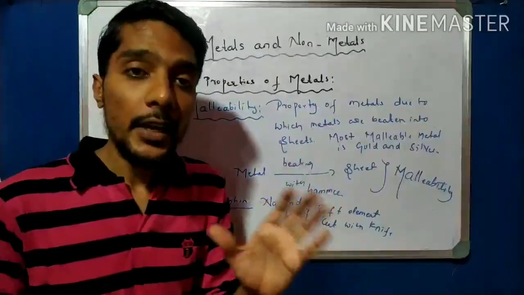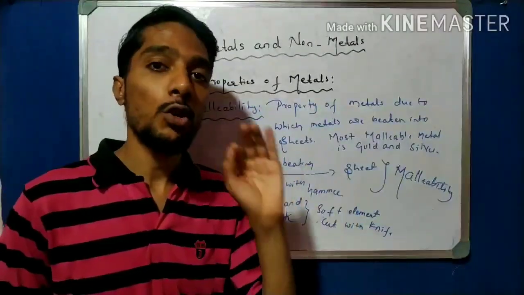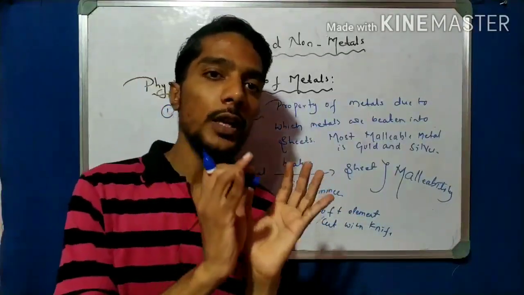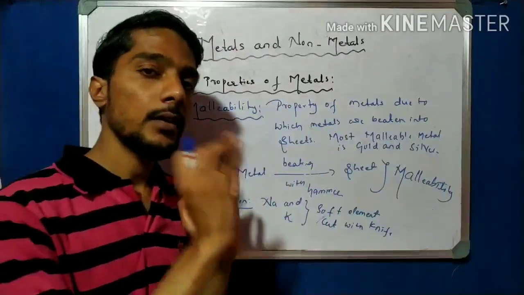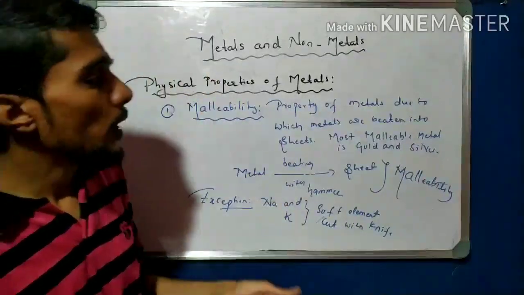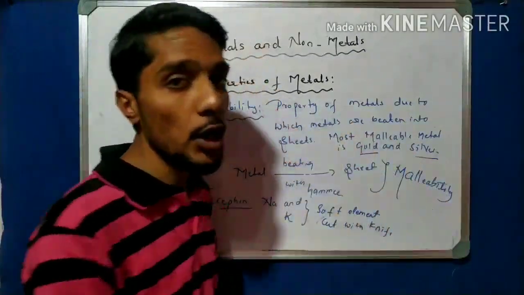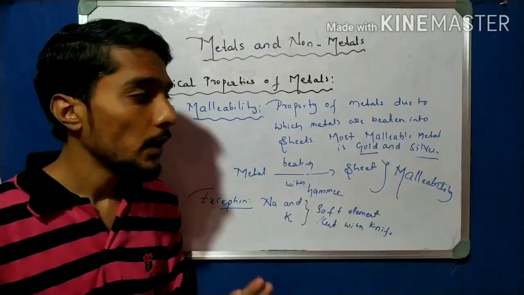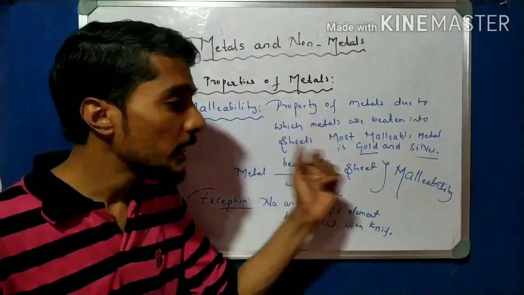In the remaining 90, the topmost elements which follow this property are gold and silver. You have to remember that gold and silver are the most malleable elements.